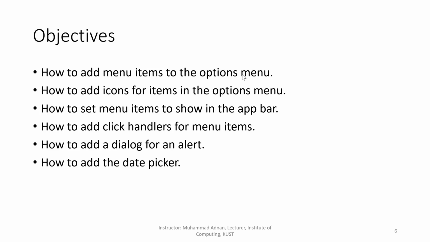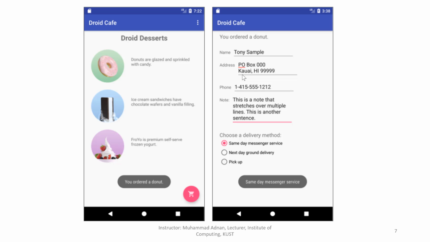So overall, these are the objectives of today's lecture. We are going to see how to add menu items to the option menu, how to add icons for items in the option menu, how to set menu items to show in the app bar, how to add click handler for the menu items, and if we have time we are going to add dialogues for an alert, and we are going to add a date picker.